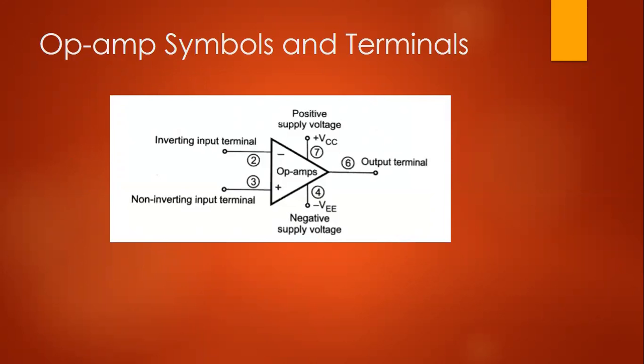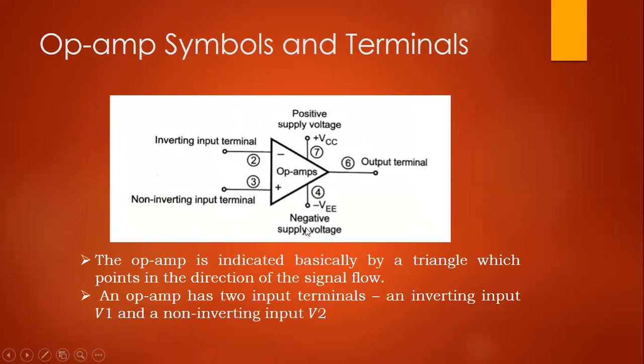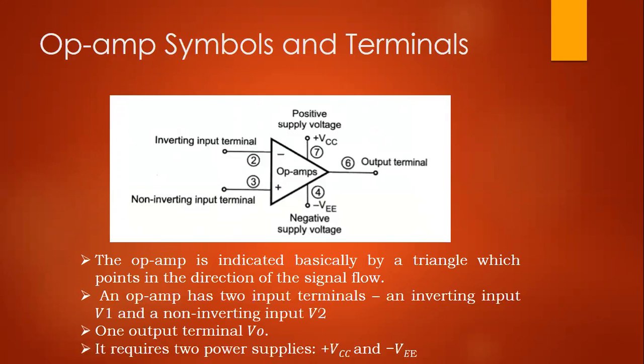Now this is the circuit symbol of the op-amp. It consists of two inputs and one output, and most amplifiers use two power supplies, positive and negative.